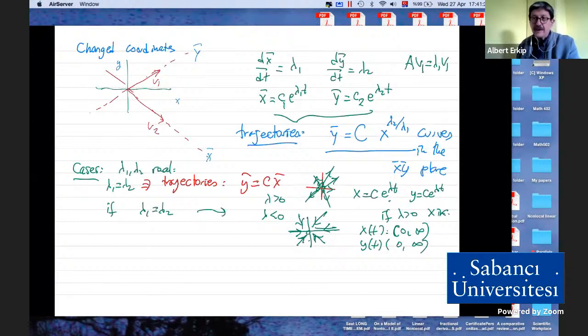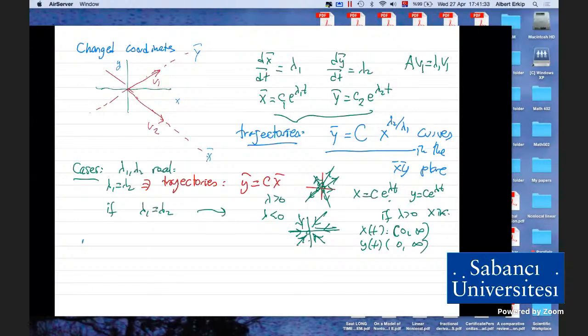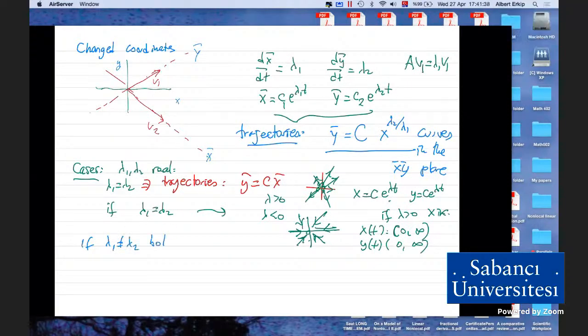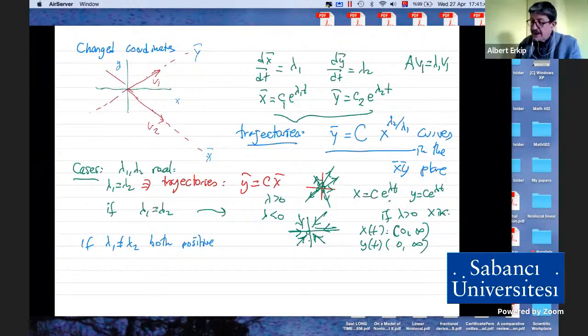Now, if lambda 1 is different from lambda 2, but both positive or both negative, then what we get is y equals x to some positive power. So we get curves like that. We did this last time, so I'm kind of skimming it a bit.